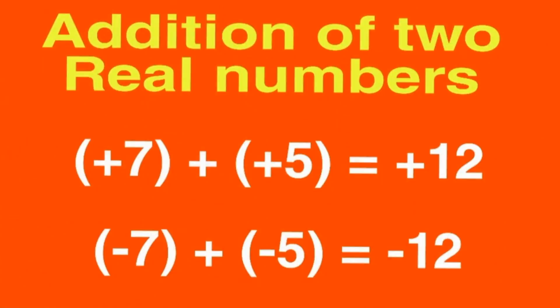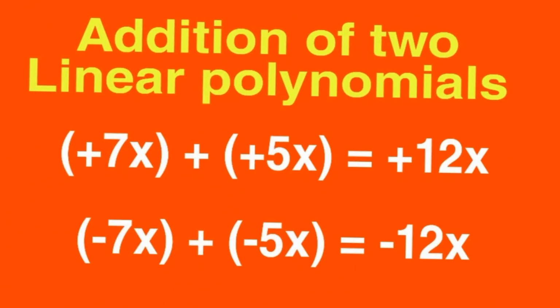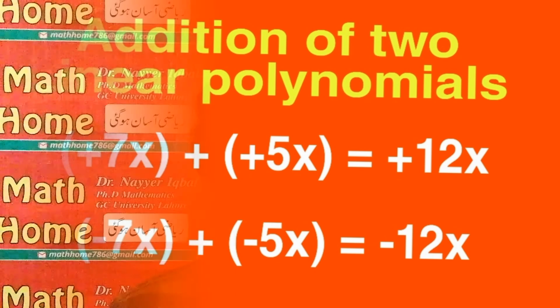So in this way, students, you see, if we add any two linear terms which have the same sign, for example minus 7x and minus 5x, we have minus 12x. In a similar way, if we have plus 7x and plus 5x, we have plus 12x.